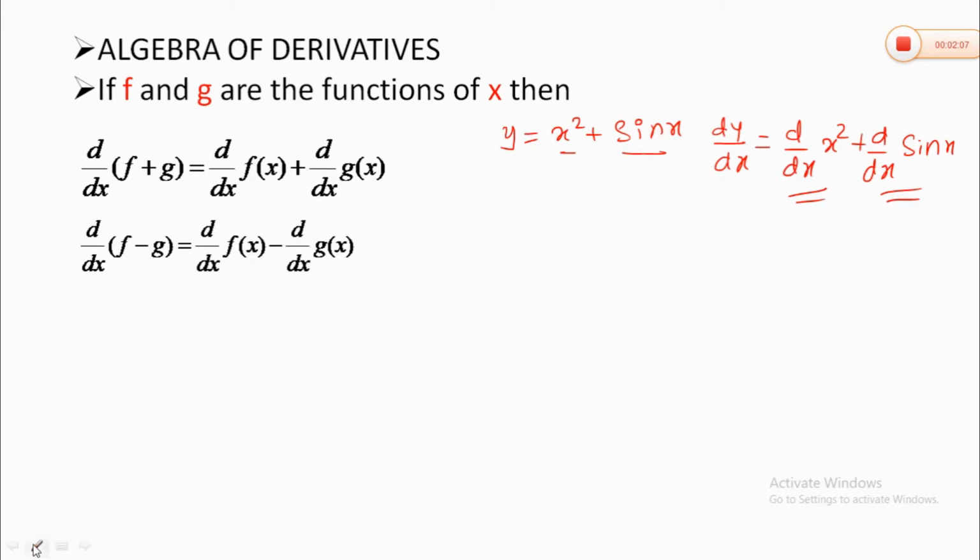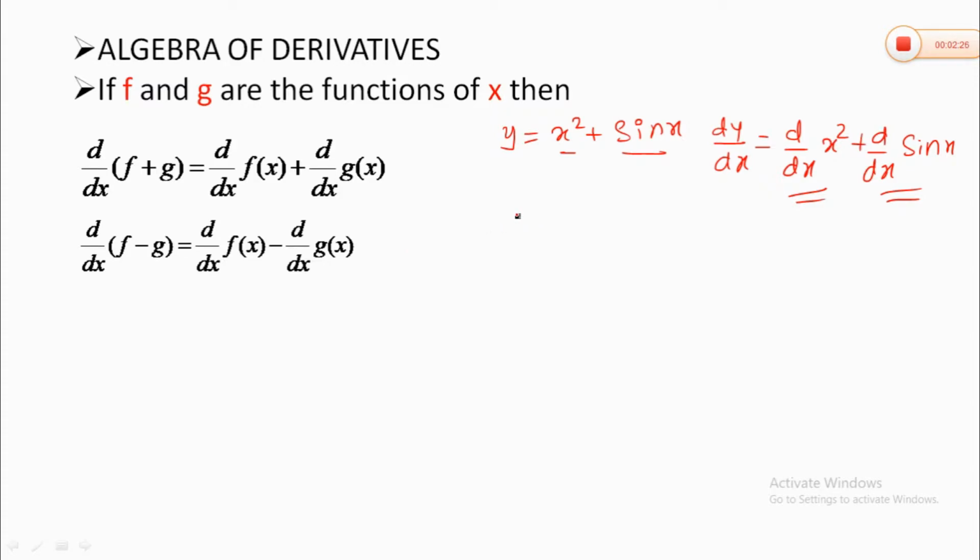So next one is the similar concept, there is change in sign only. Difference of this, dy dx of f minus g equal to dy dx of f(x) minus dy dx of g(x).